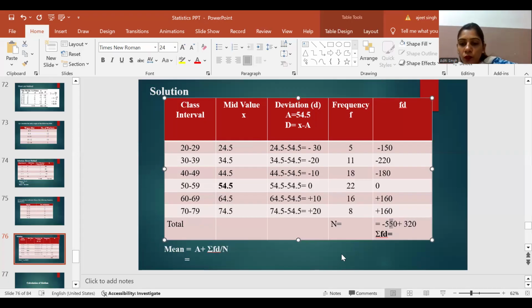First of all, we have to keep the sign minus, and then when we subtract 320 from 550, the answer is minus 230. The answer is minus 230.